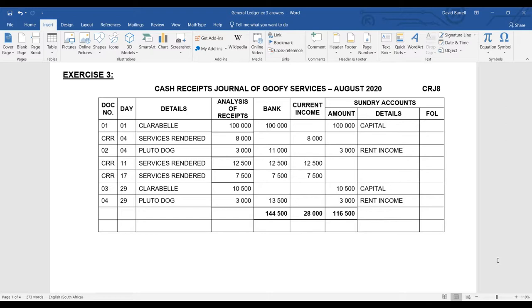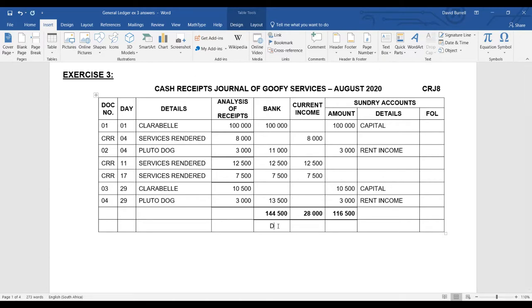Now, the main rule that we use when we're posting to the general ledger is the same one that we use in those account debit, account credit questions. And that's really, really important. If the business is receiving money, so that's what's happening if a transaction is in the cash receipts journal, the business is receiving money. In that case, we would debit the bank account.